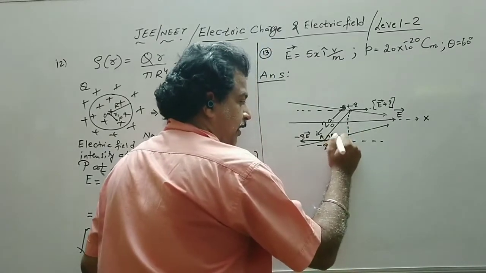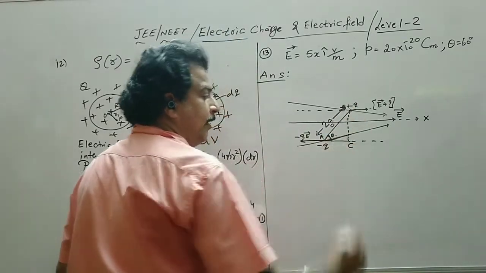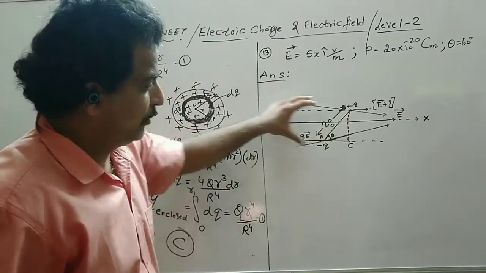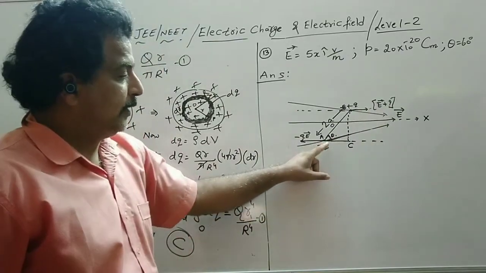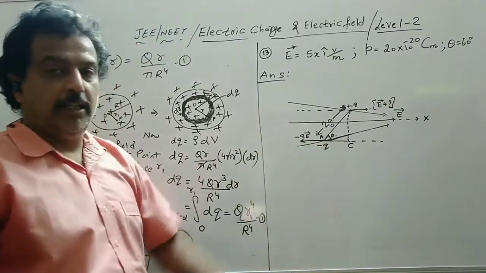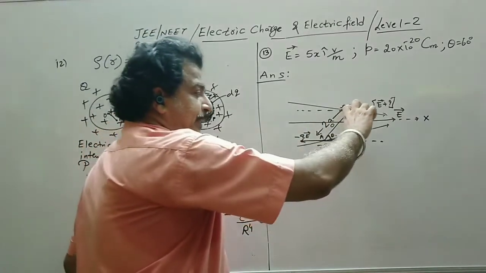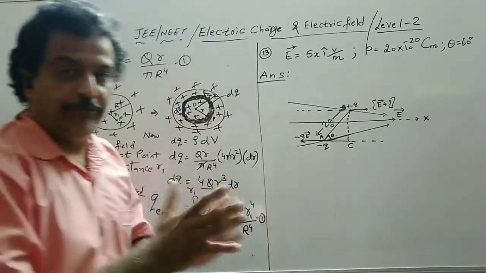Because the field is non-uniform, the field is not drawn exactly, so there is a small error in this angle, but we assume that BC is the perpendicular distance between the two lines of action of force.